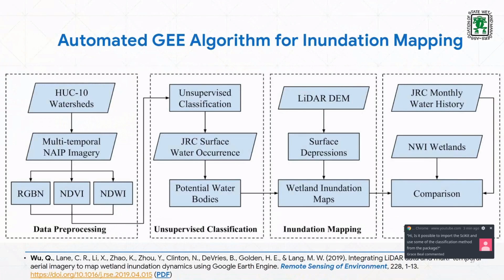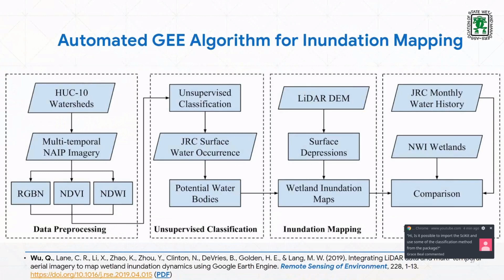The NAIP imagery is primarily used for unsupervised classification. Once we do the classification, we need to assign labels to figure out which cluster is water. For this, we use the JRC surface water occurrence to help identify the water clusters. These are the potential water bodies.